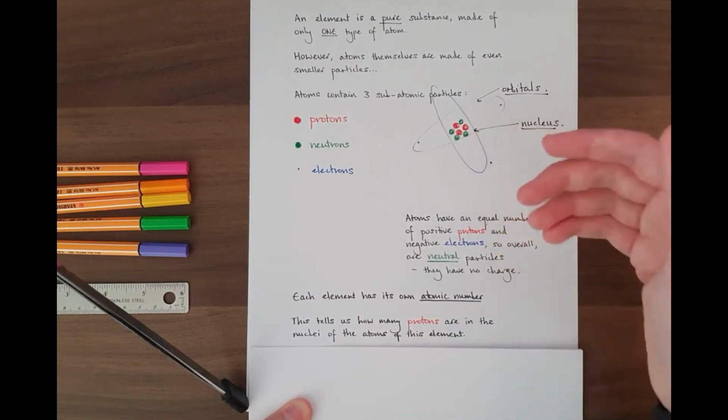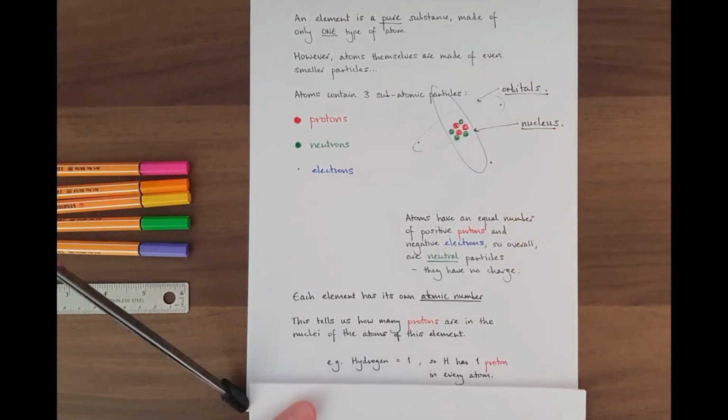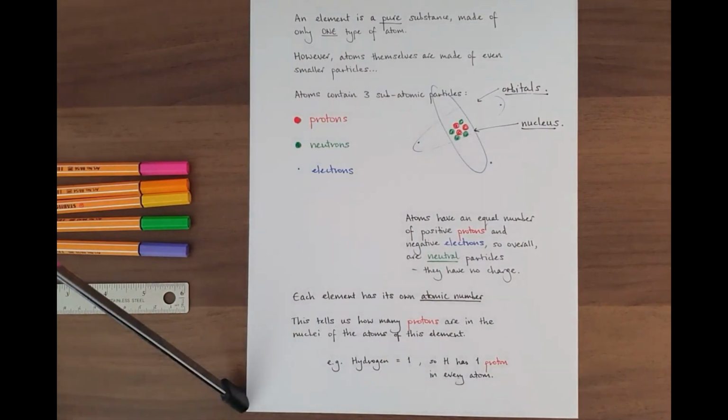So, for example, if I look at my periodic table, I will see that hydrogen has an atomic number of 1. So what does that mean? That means hydrogen, if I took a single atom of hydrogen, I know that it has 1 proton. That's what the atomic number tells me.